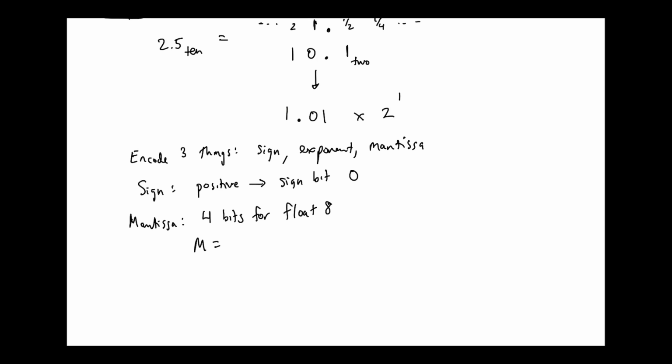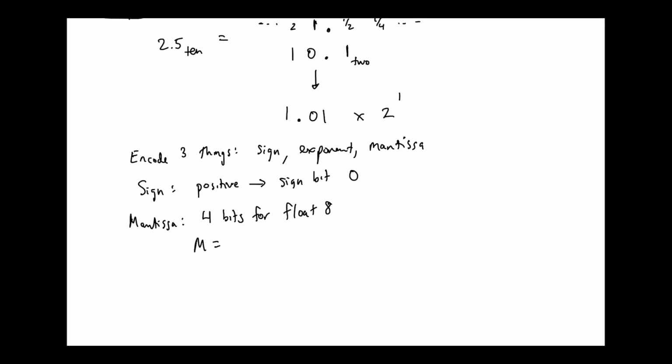The encoding that we'll use for this will allow us 4 bits for our mantissa. And because we have a normalized number, the thing that's right before the radix is a 1, and we know it's a 1. So we don't have to encode that because it's always a 1.